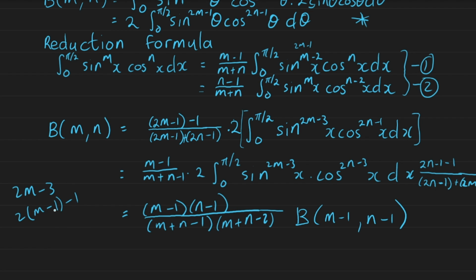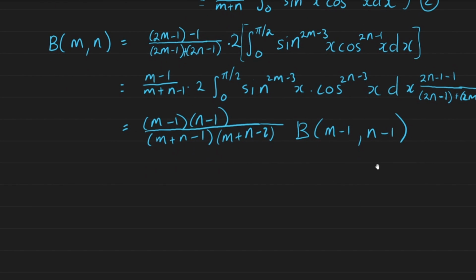So 2 times minus 1 is minus 2, and minus 2 minus 1 is minus 3. So we're making some progress towards some kind of general result. So this is the beta function of m and n.